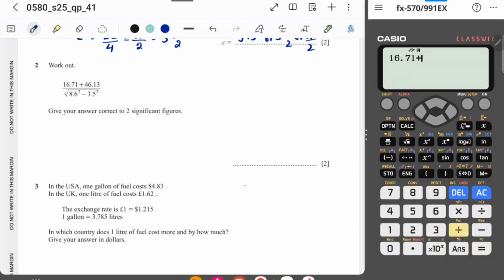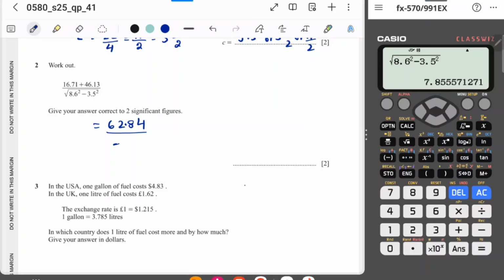So 16.71 plus 46.13 is equal to 62.84. And now divided by the square root of 8.6 squared minus 3.5 squared. This is 7.85557.